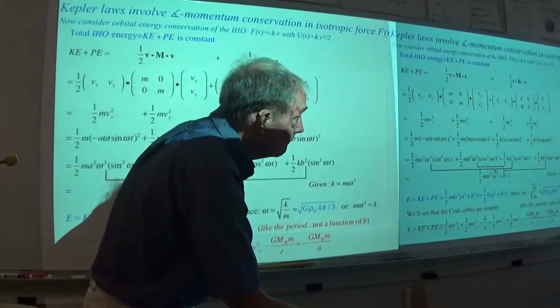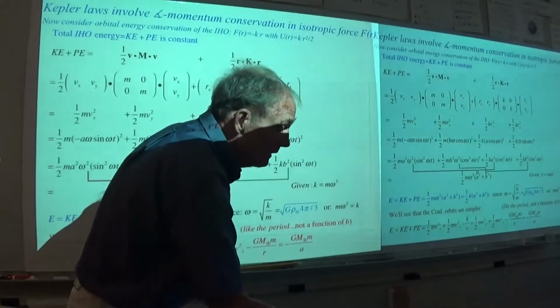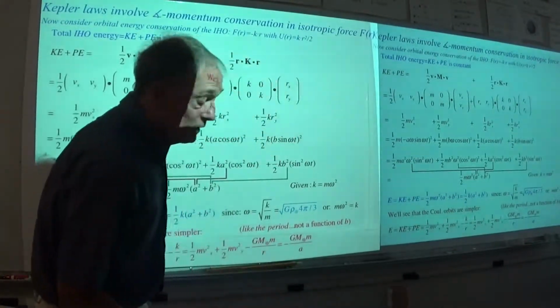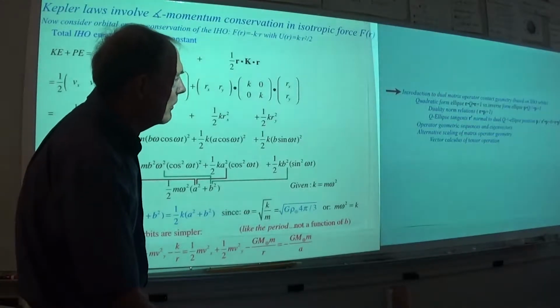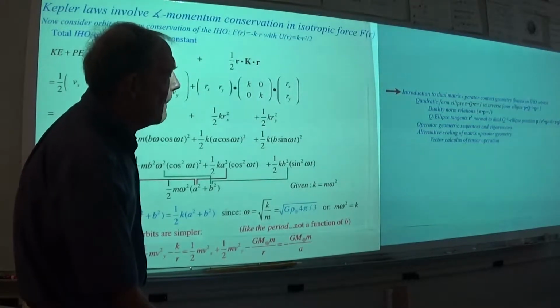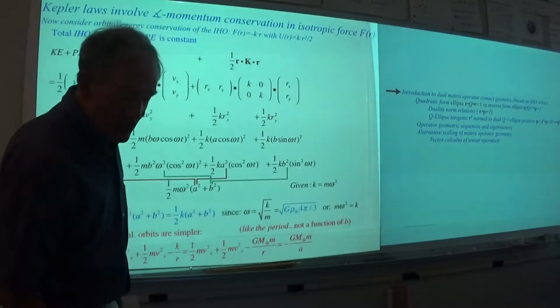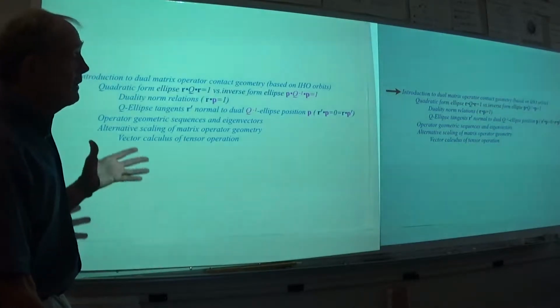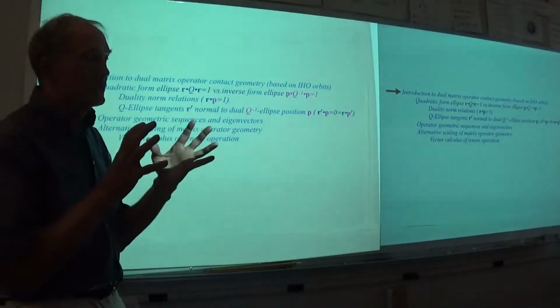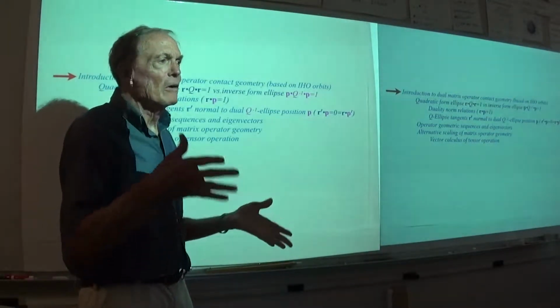Okay, now the rest of this lecture today is somewhat mathematical, in the sense I want to make clear the geometrical structure that lies behind a quadratic form, but also what lies behind when you use a matrix to move a vector. Where does it go?